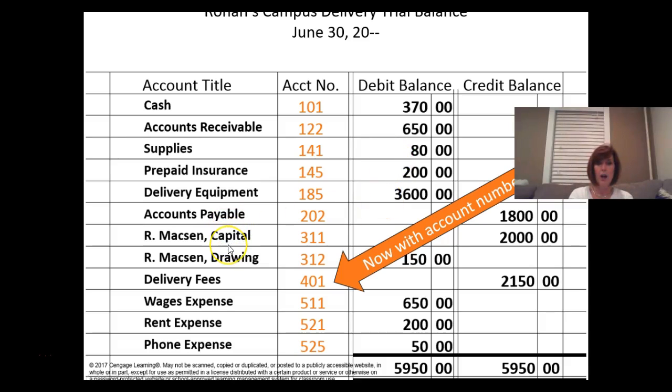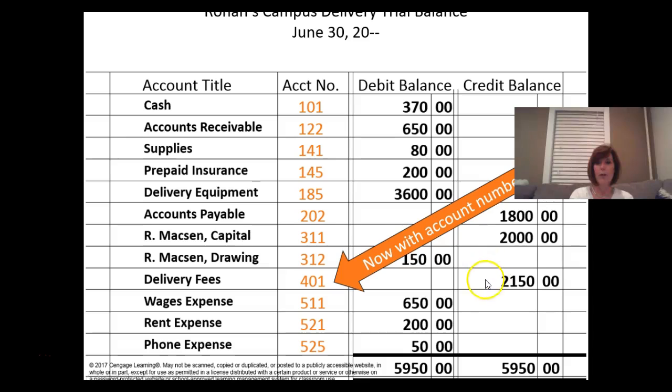Then we list our liabilities second, and we've just had 1800, which was from the prior video. Then we go to our owner's equity. We've got capital and drawing, and then revenue and then expenses.